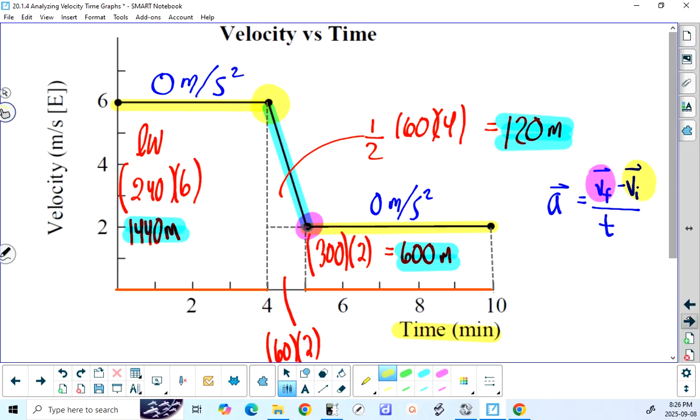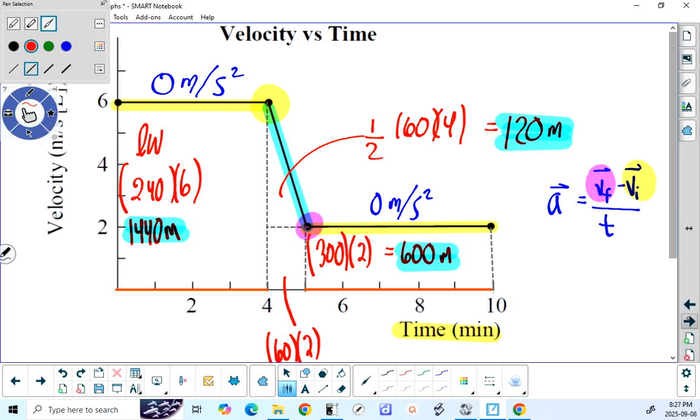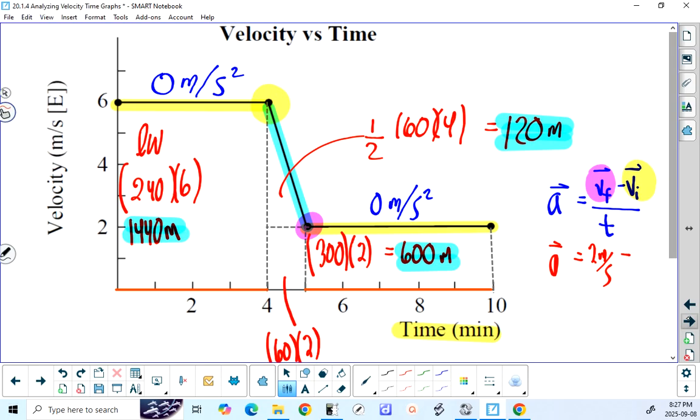Let's see what happens here. VF is 2 meters per second. VI is 6 meters per second. And T is 60 seconds.